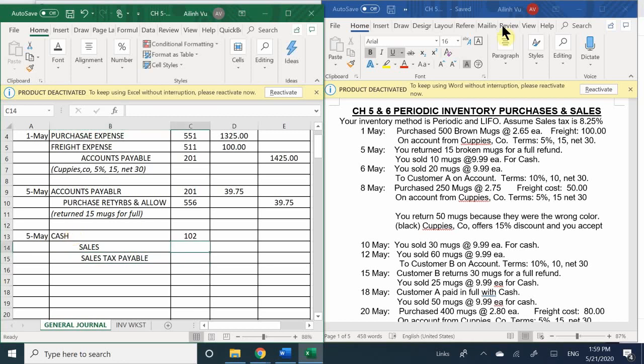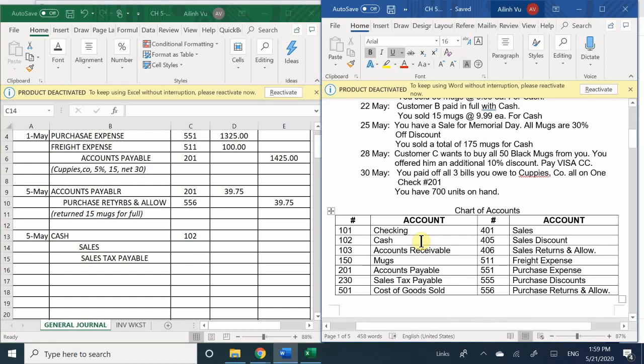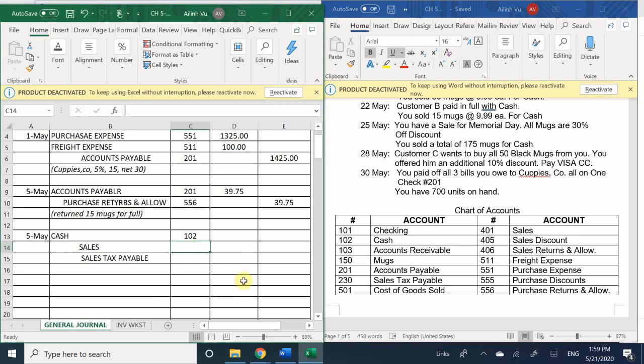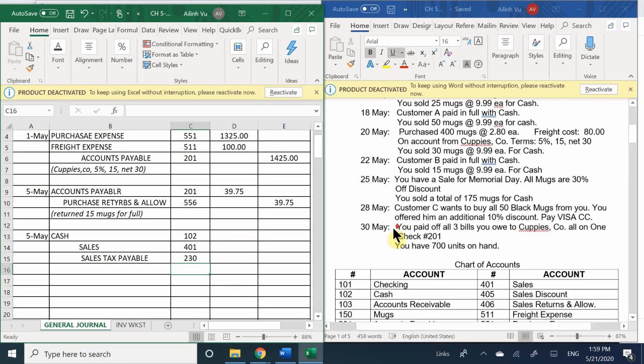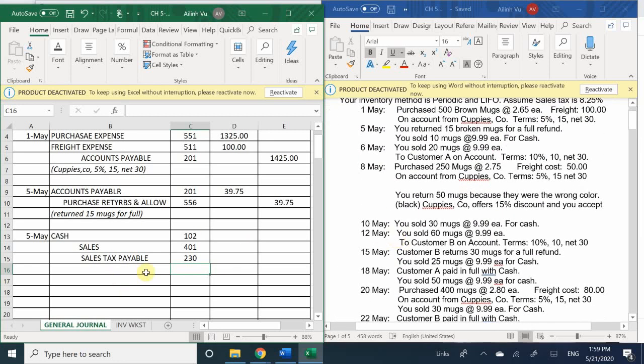So let's see what account sales is. Sales is 401. Good. And what is our sales tax payable? 230. Good.